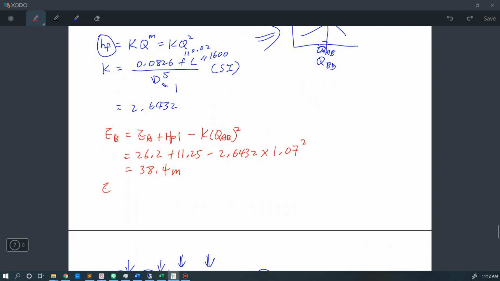So the energy at C, HC, will equal to the total energy at the junction B plus the energy provided by pump 2 minus the corresponding water losses in the section BC.